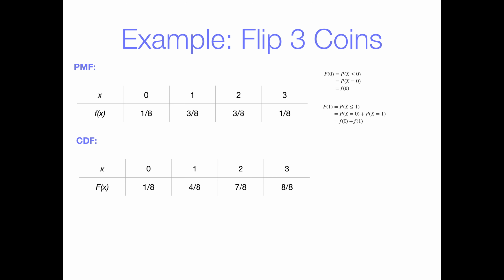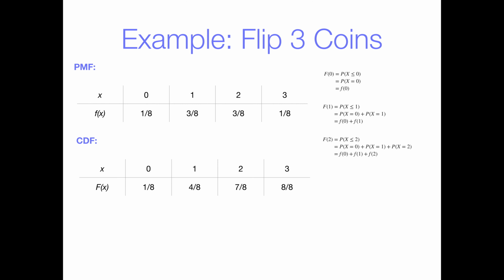Capital F of 1, that's the probability that x is less than or equal to 1. Which of our x's fall in that range? 0 and 1. So it's the probability of being 0 plus the probability of being 1. So add those 2 lowercase f's. Same thing, capital F of 2, probability that x is less than or equal to 2. What falls in that range? 0, 1, and 2.